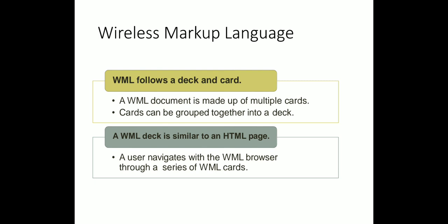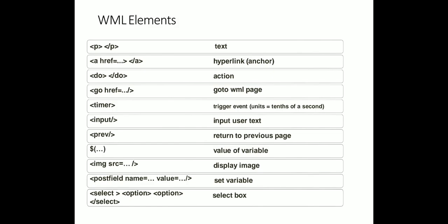A WML text is similar to an HTML page. A user navigates with the WML browser through a series of WML cards. Then the WML elements are listed here, and they are as simple as HTML. First is the paragraph, that is p, the same tag you use in WML as well.